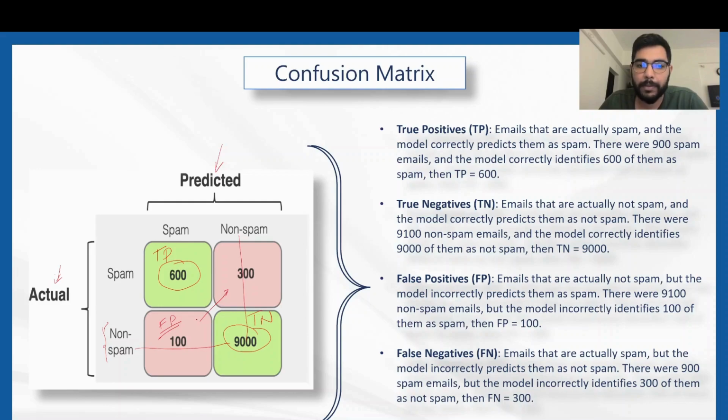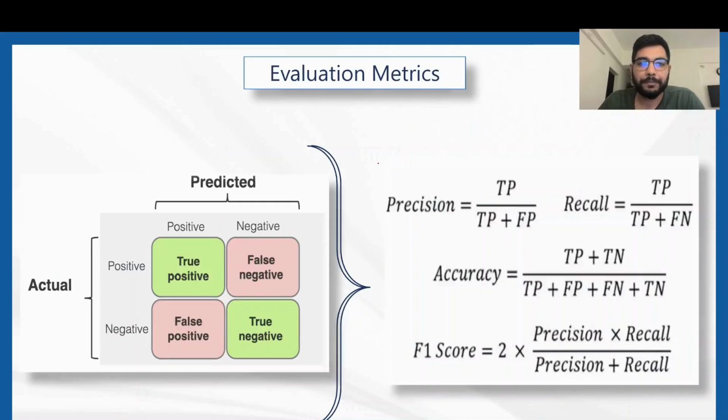Then the diagonally opposite of it is a false negative, just the opposite of it, wherein actually the email was spam. It was a positive class, spam, but the model wrongly classified it as non-spam, that is a negative class. Hence the name is false negative, right?